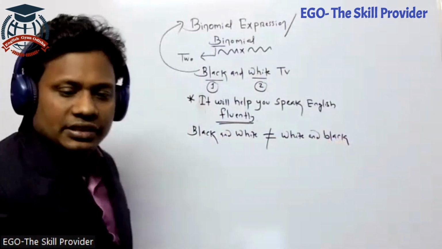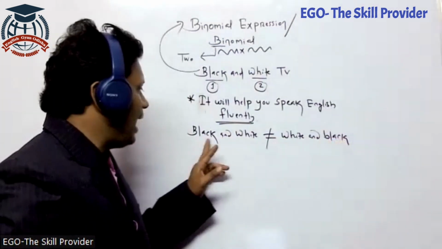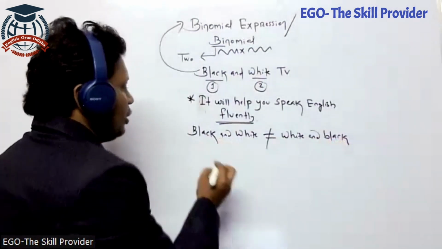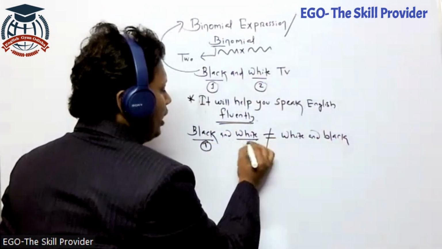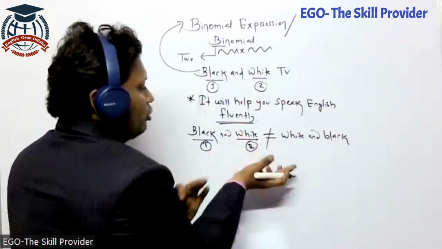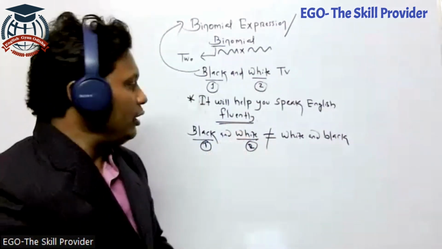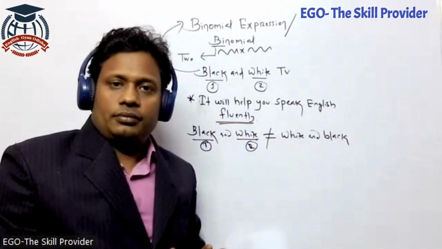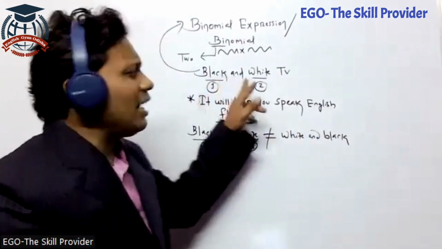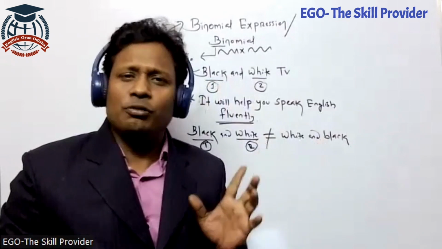So what do you mean by this? Whenever I say black and white, that means you cannot swap the position. It is word to word, and you cannot swap it. They have a specific order. You cannot say black and white equals white and black, a plus b equal to b plus a.